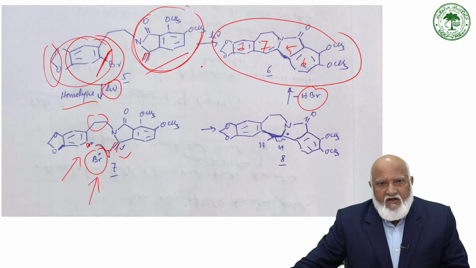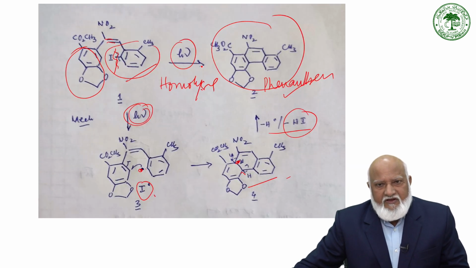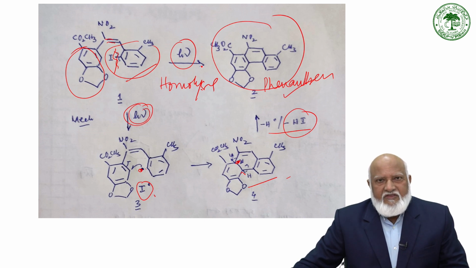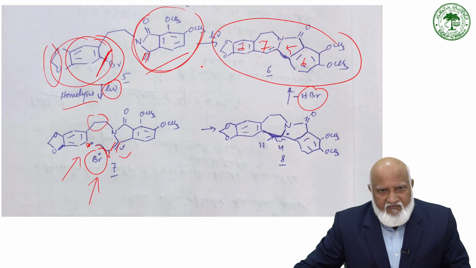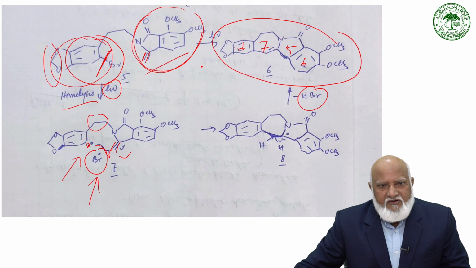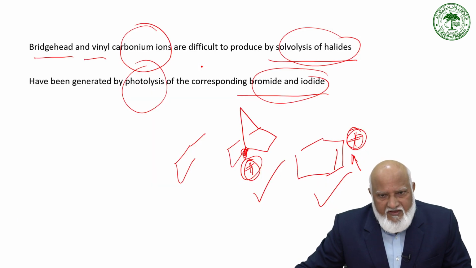So these are four different, very special examples of photochemical reactions where the nicely substituted, designed starting molecule, where we have an aryl halide as in this one as well as in 5, can undergo homolysis under photolytic condition to give the halide radical and the aryl radical, which can subsequently cyclize to give synthetically important compounds.